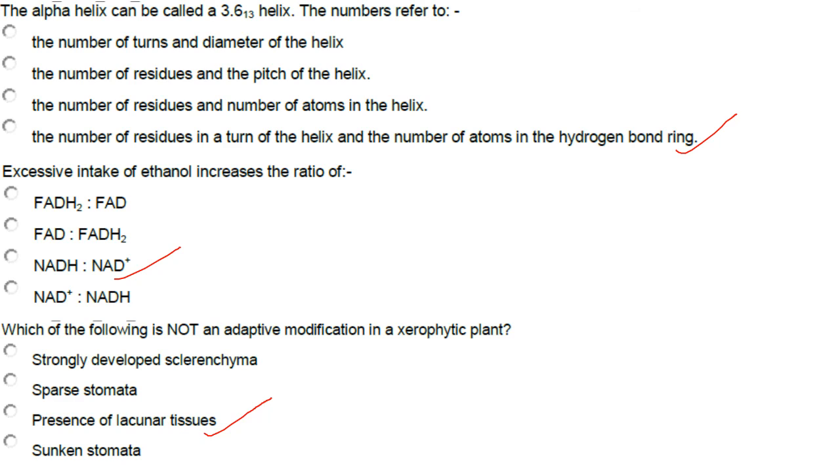Now excessive intake of ethanol increases the ratio of NADH to NAD+. Now next one, which of the following is not an adaptive modification in xerophytic plant? Presence of lacunar tissues is not an adaptive modification in xerophytic plants.